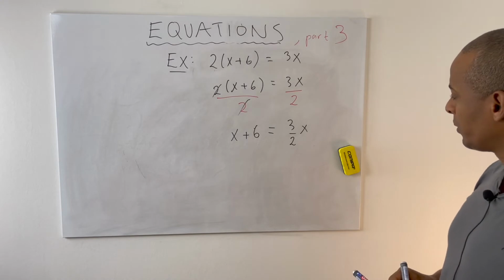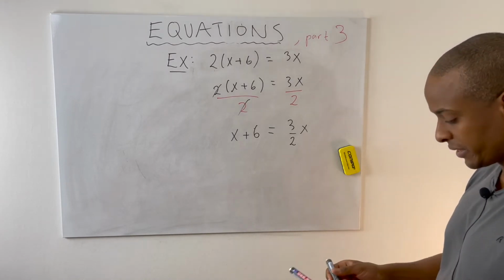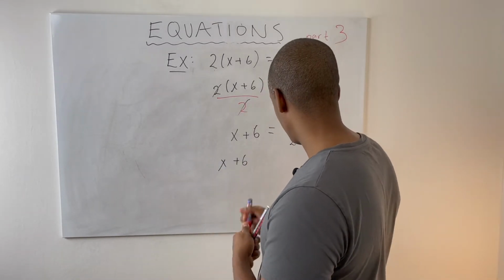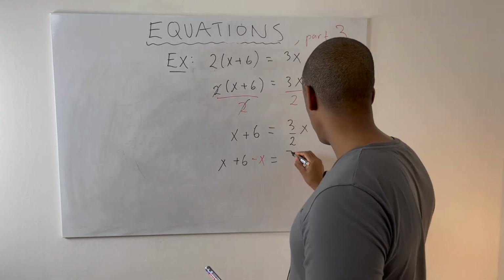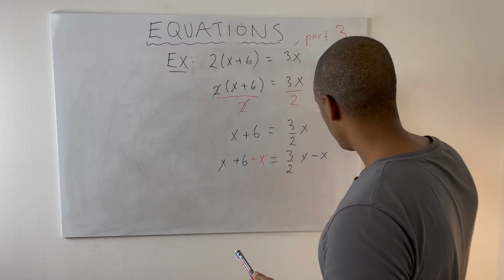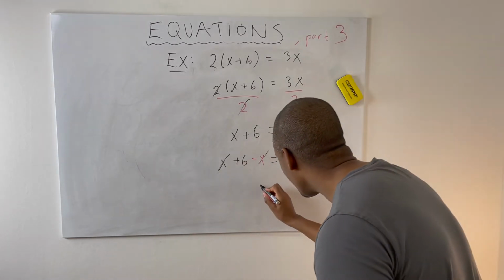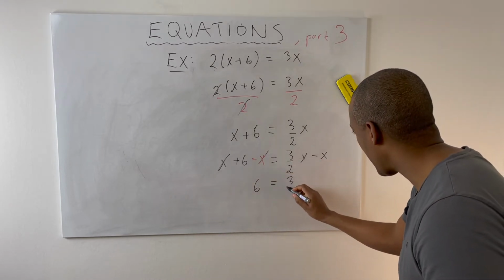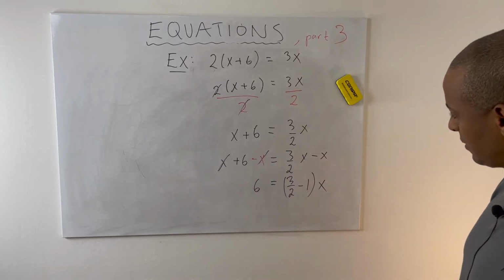Okay, so what do I do now? I guess I'll subtract x on both sides. So I have x plus 6 minus x is equal to 3/2 x minus x. Okay, these cancel out, so it's all good. And then we have 6 is equal to (3/2 minus 1) x, right?